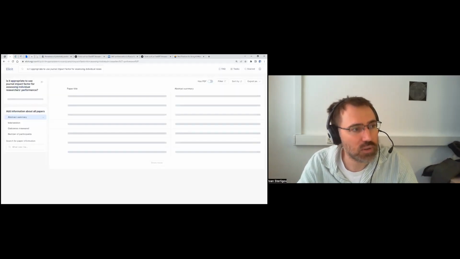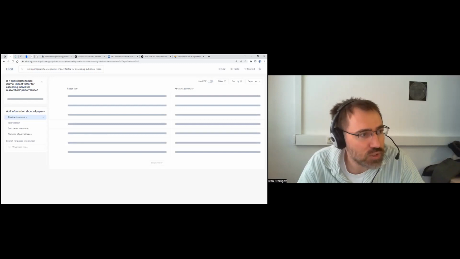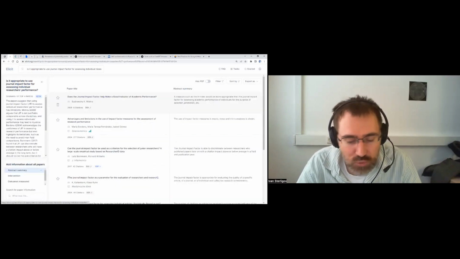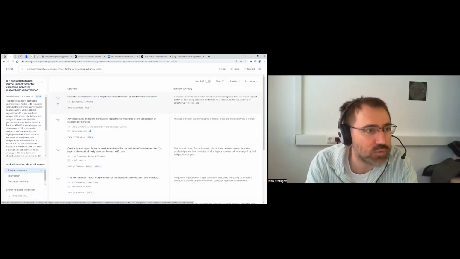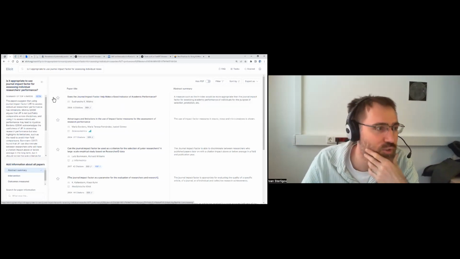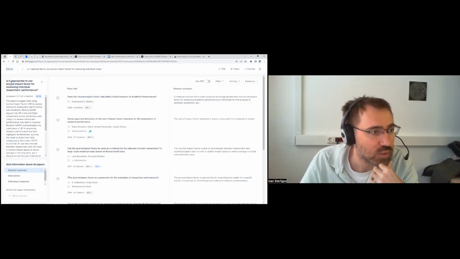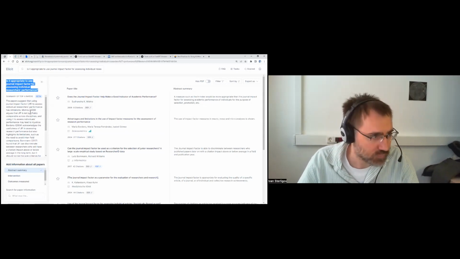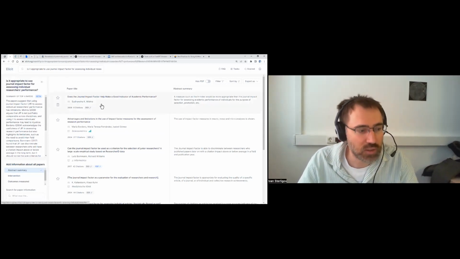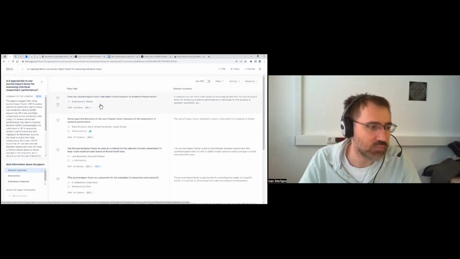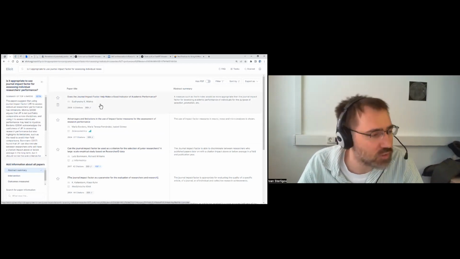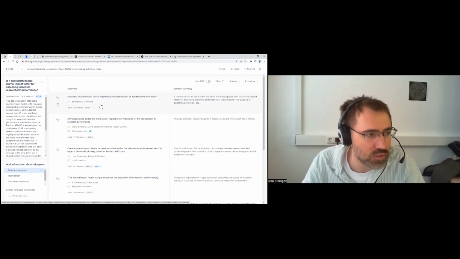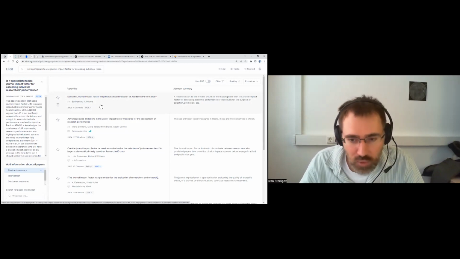And we ask Elicit a research question. Is it appropriate to use journal impact factor for assessing individual researchers' performance? A highly controversial question. My personal answer is no, and it's the answer also.